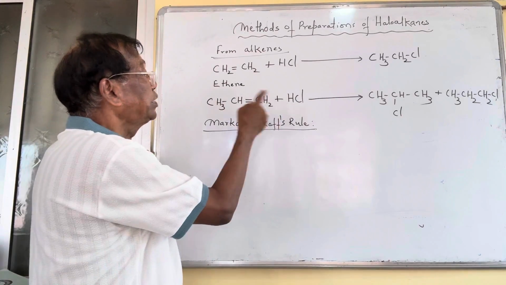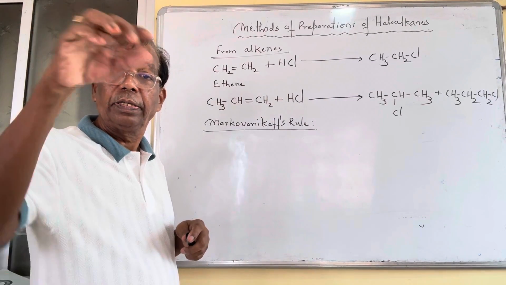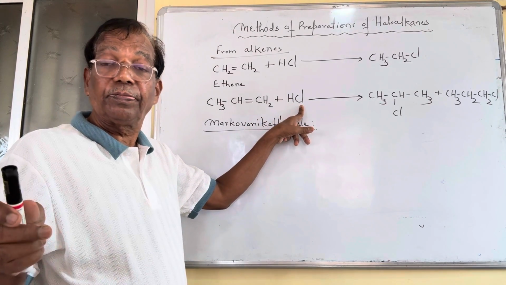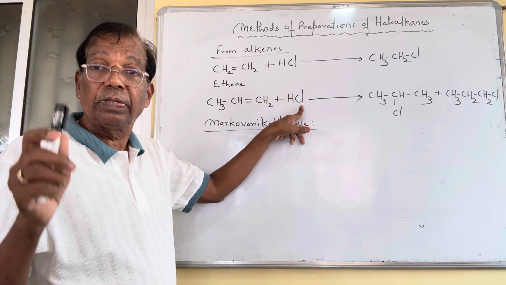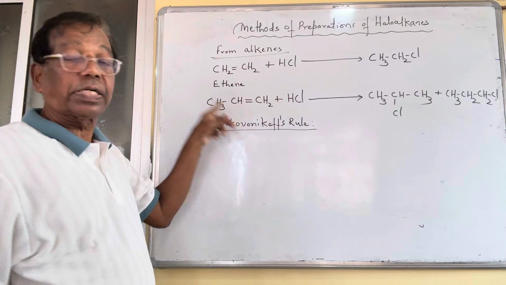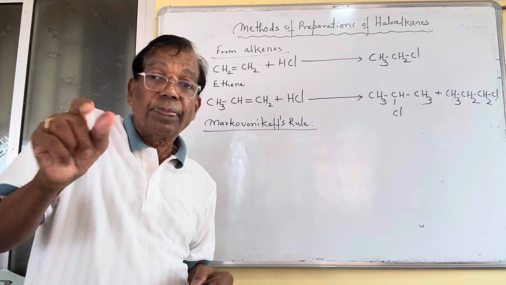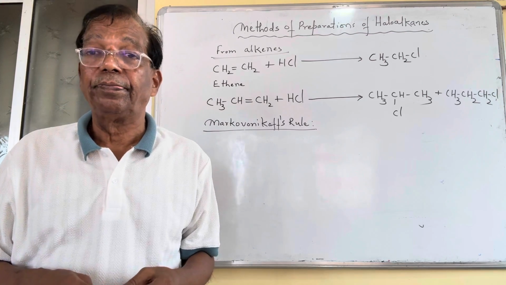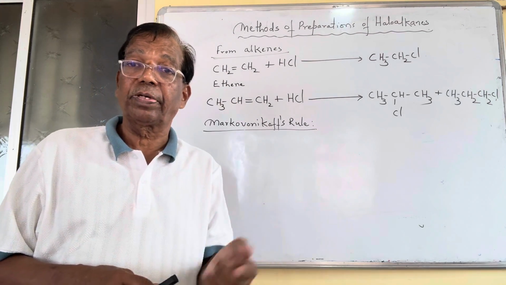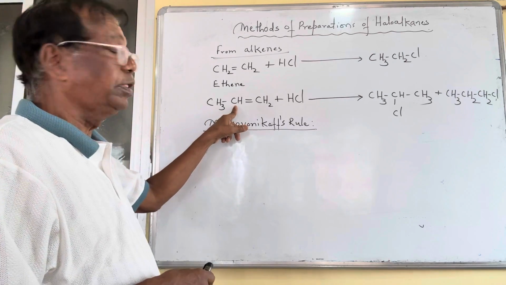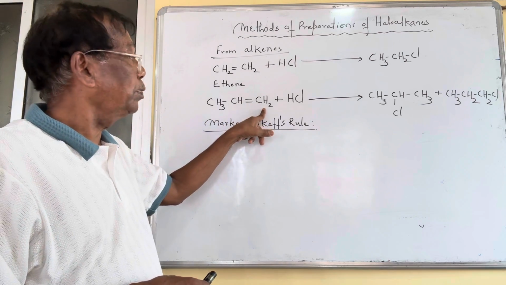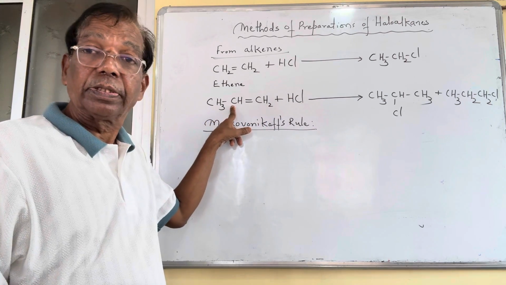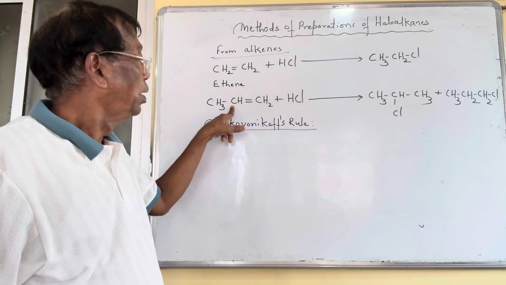So in the case of unsymmetric alkene, added to say halogen acid, the negative part of the halogen acid adds to that carbon at the double bond and having least number of hydrogen. Here in this case this carry only one hydrogen and this carry two hydrogen. So the negative part is added to that carbon having less number of hydrogen.